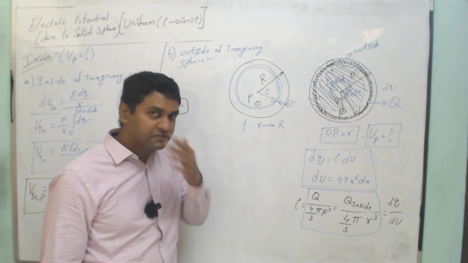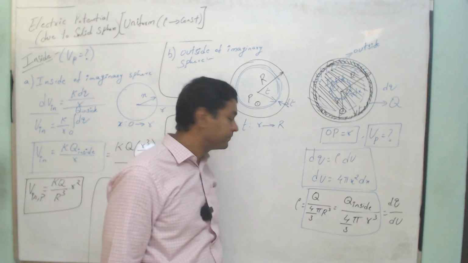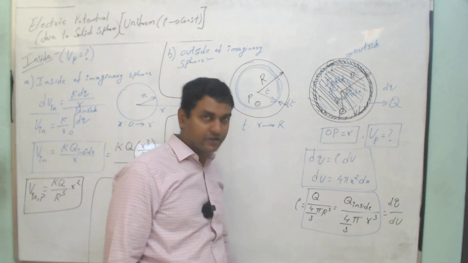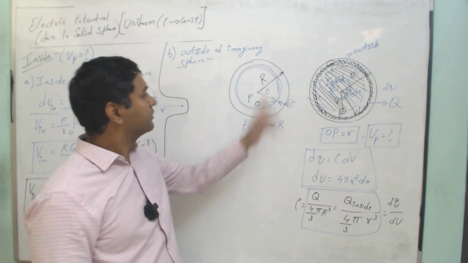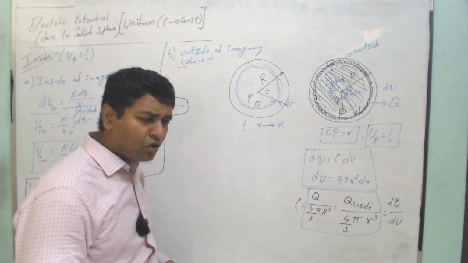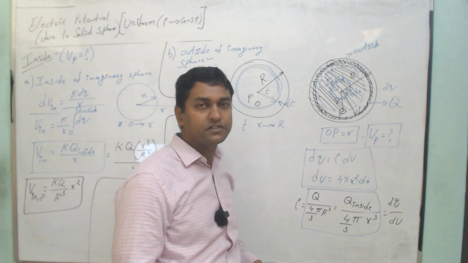One of the reasons why kids get confused. Right? For my element, my point P is inside. So inside a hollow sphere, we already did, it is kq by whatever is the radius of that sphere.